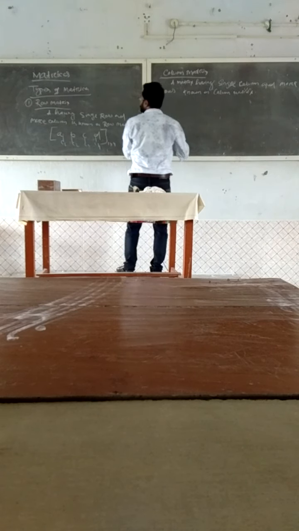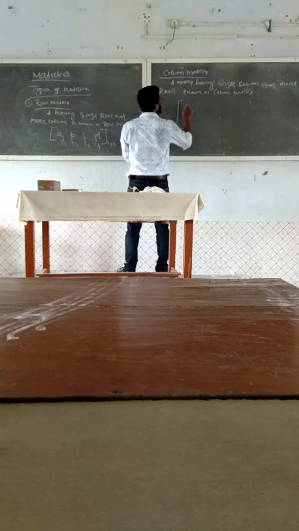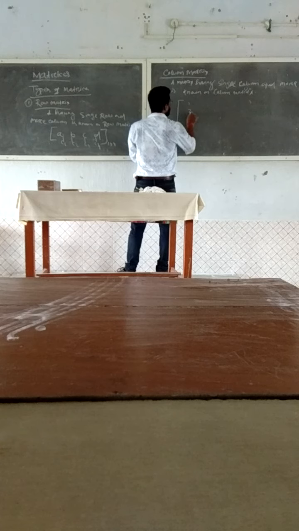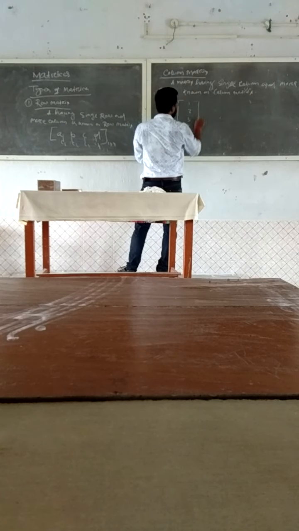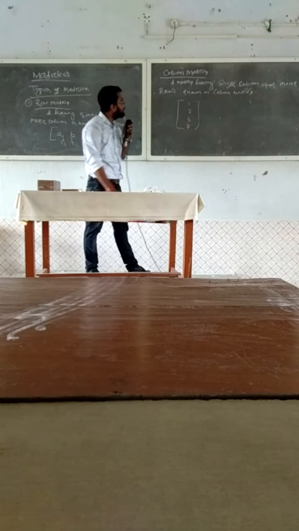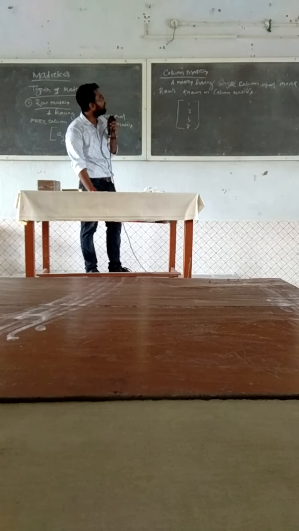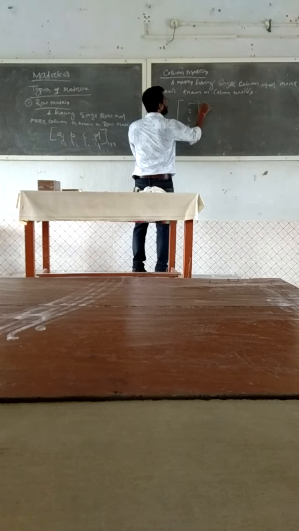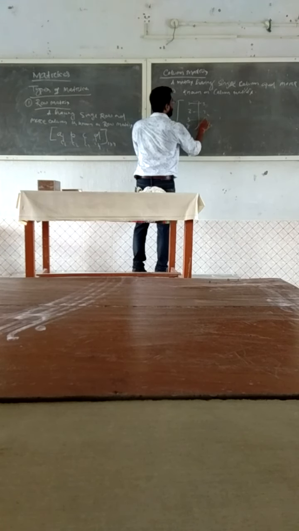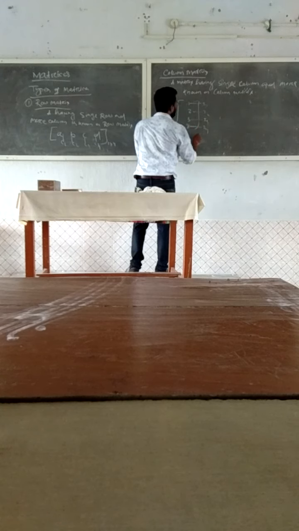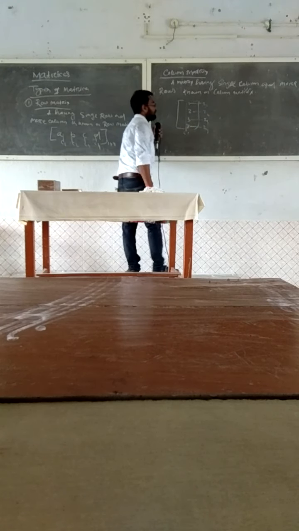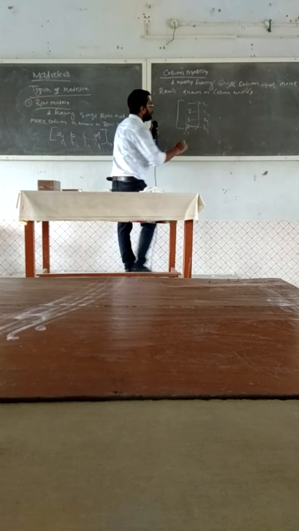It means a matrix like 1, 2, 3, 8. The matrix is written in a single column but 4 rows, like R1, R2, R3 and R4, and column 1. So the order of this matrix is 4 by 1.